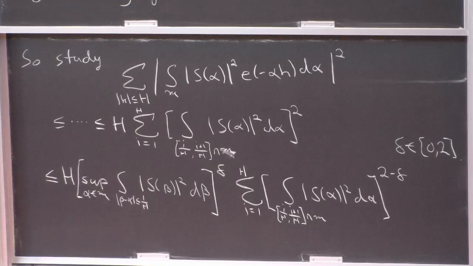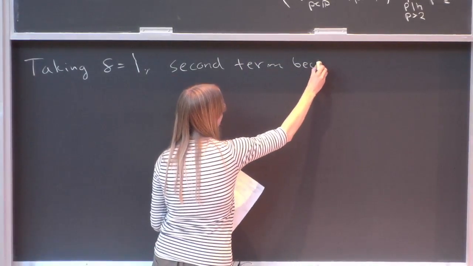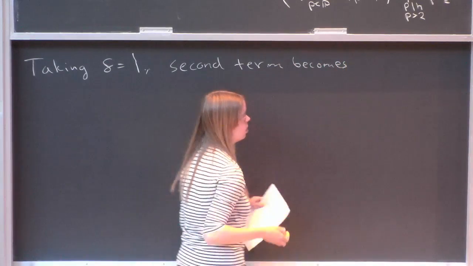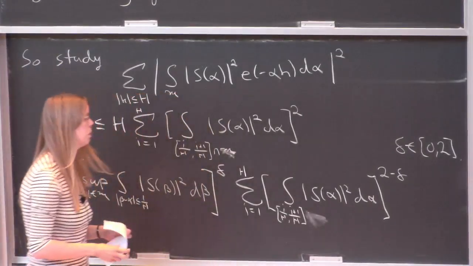Okay, so the normal thing would be to take delta equal to 1. And then this second term becomes, here we are only interested in the upper bound, so we can remove this restriction that we are on the minor arcs here. It's just getting larger.